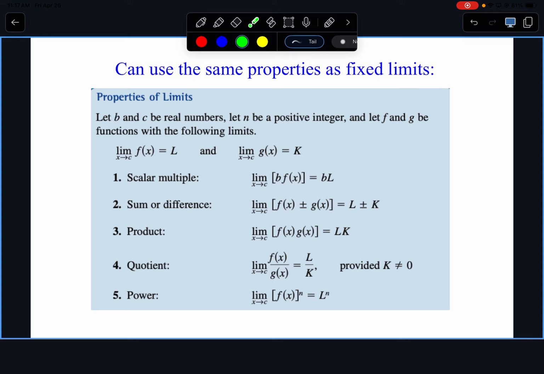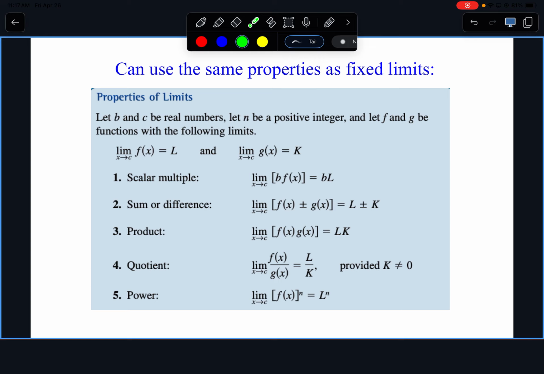I'm going to summarize this entire page. You don't have to write any of this down. All this says is if you are adding functions or subtracting functions, multiplying, dividing, raising a function to a power, or multiplying it by something, you don't actually need to add the functions together first and then find the limit.